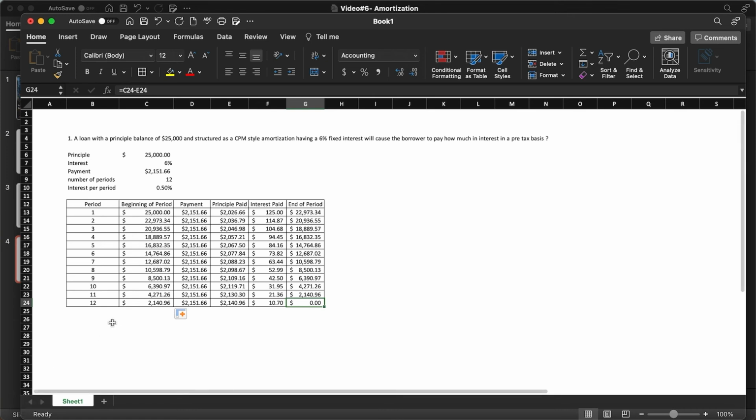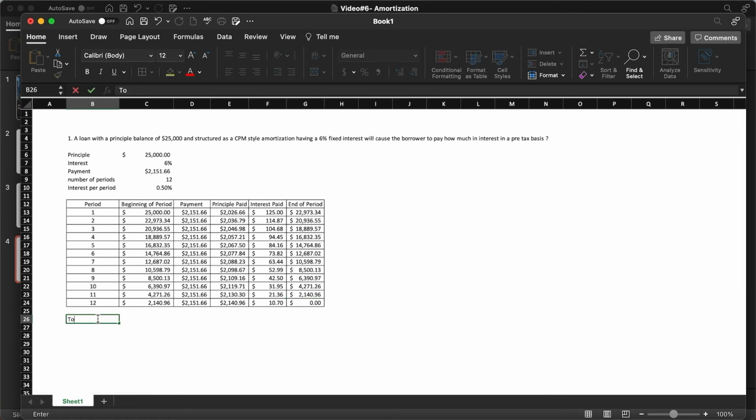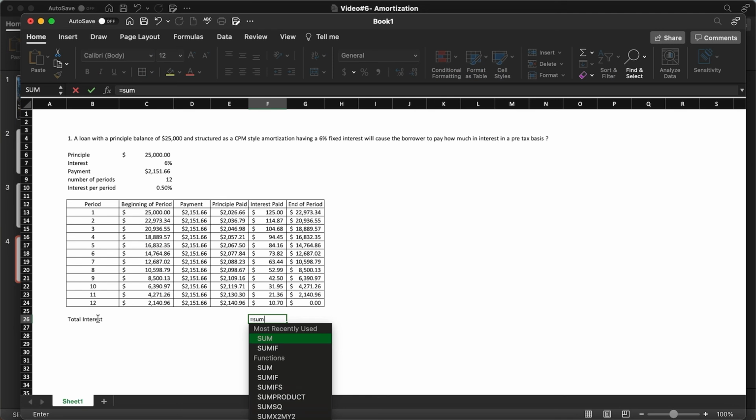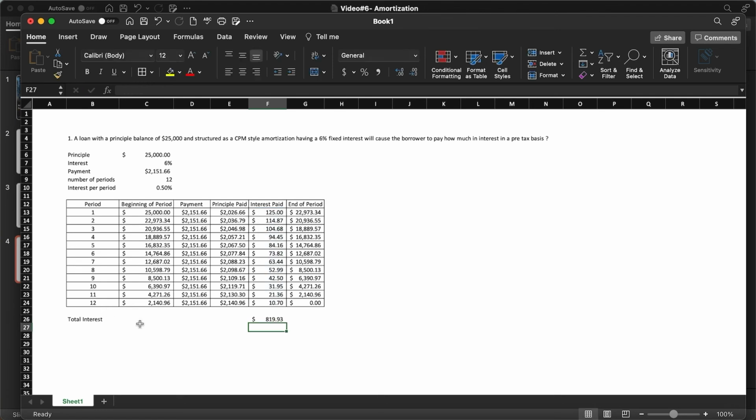Then we want to know how much we paid in interest. So it's pretty simple. Total interest. So we paid $819 in interest. And we want to find out how much we paid overall on the loan.